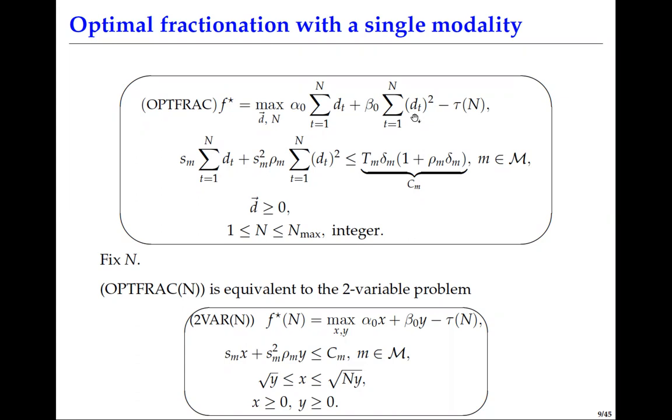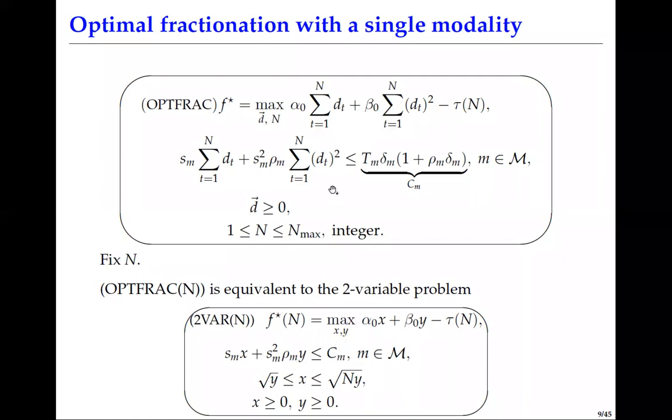So x and y are related by these inequalities, a standard inequality that relates L1 and L2 norms: square root of y less than or equal to x less than or equal to square root of n y. I cannot ignore this constraint because x and y are related in that manner. So I inserted these extra two inequalities, in addition to the objective function and the constraints that now have x and y.